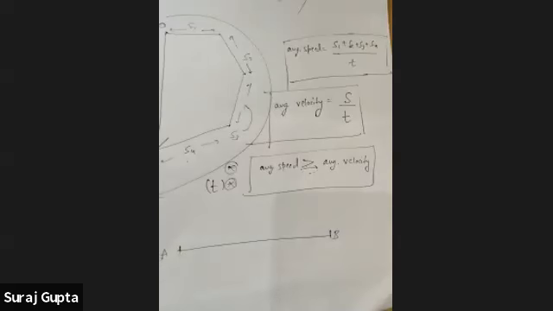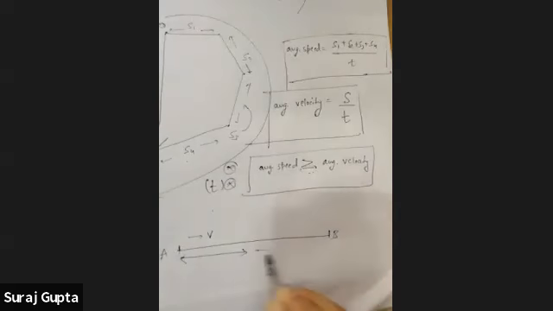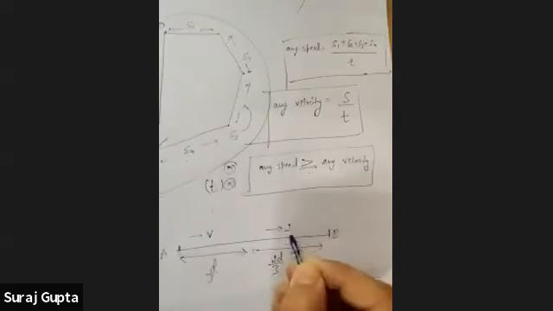It starts from point A and ends at point B. The particle travels this journey in two parts: the initial one third of the distance it travels with velocity v, and the remaining two third of the distance it travels with speed 2v.